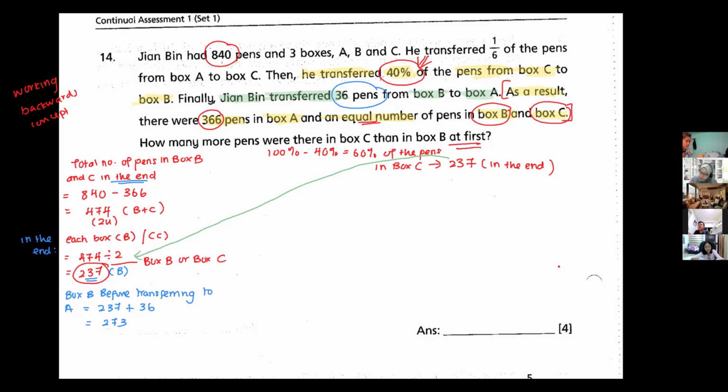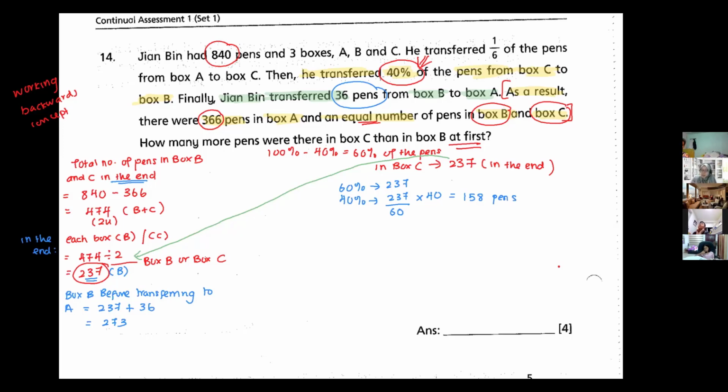I know that 60% is 237. I want to find my 40%. 40% is 237 divided by 60 times 40, and I will get 158 pens.